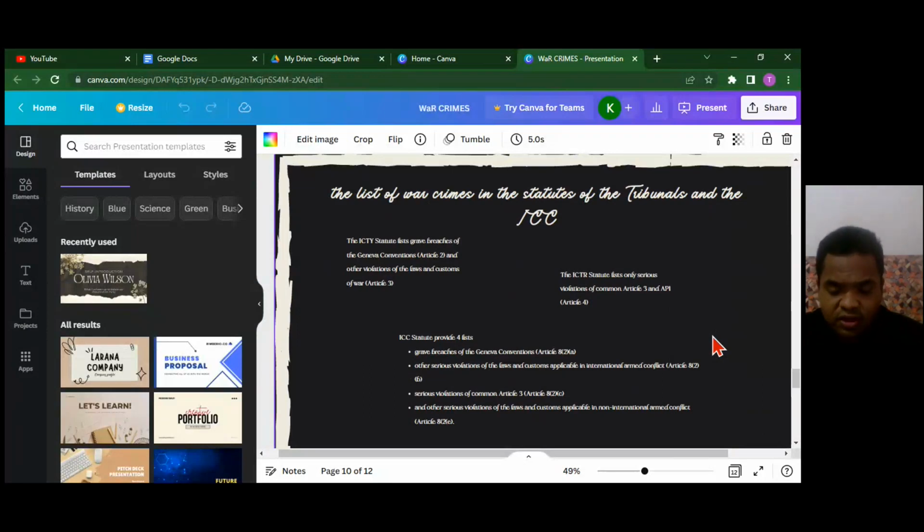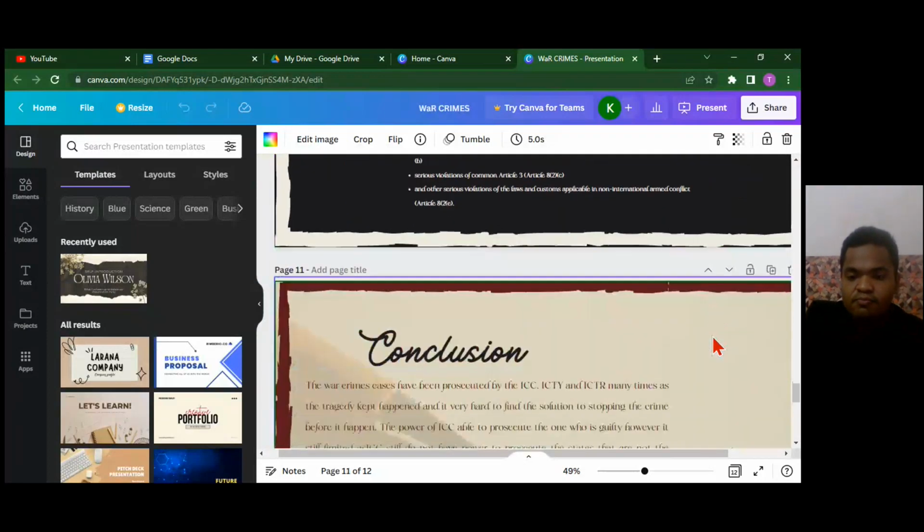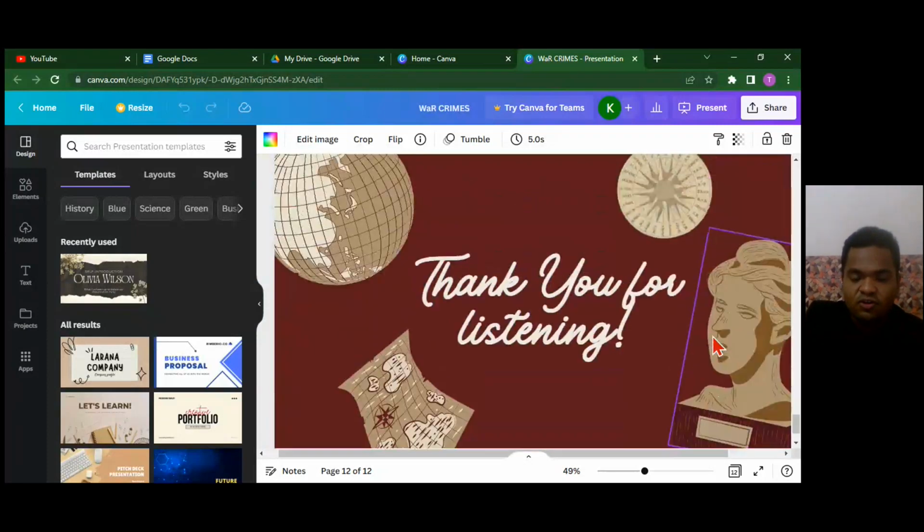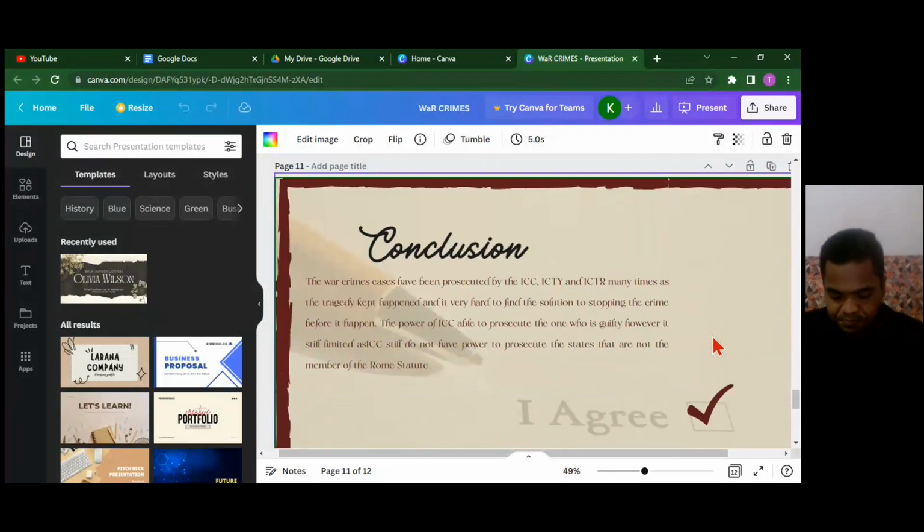From this we can see that the ICTY and the ICTR gave some development to the ICC to fix the flaws of the tribunals, making the ICC more functional and giving it more power than the older tribunals.